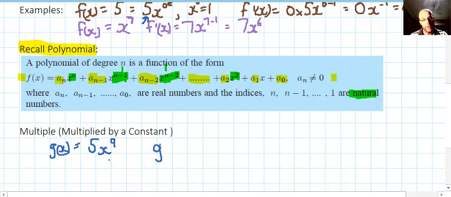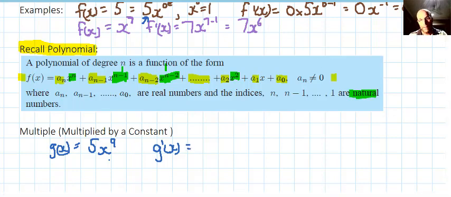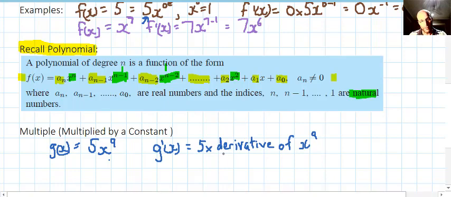So basically what we do with that is, well, there are a couple of ways about it. You could say it's 5 times the derivative of x to the power 9. Now I would not normally write things down that way, but we haven't done the notation properly yet. So basically that's how you do it.